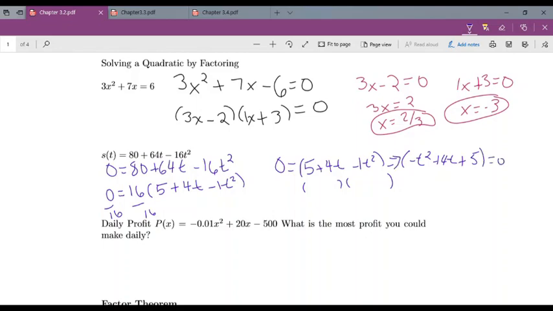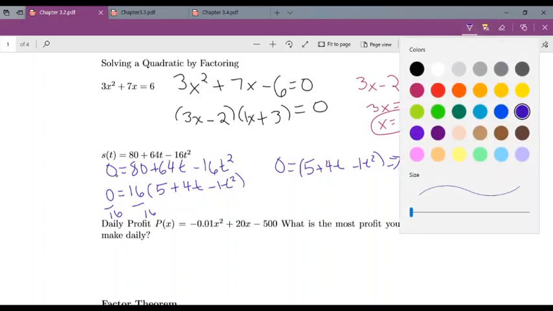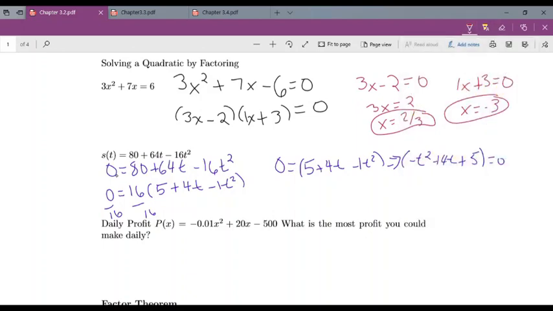And something that also helps people sometimes is if you come over here, add notes. Sometimes it helps to pull out a negative 1 here, because sometimes people don't like the negative in front of the t squared.